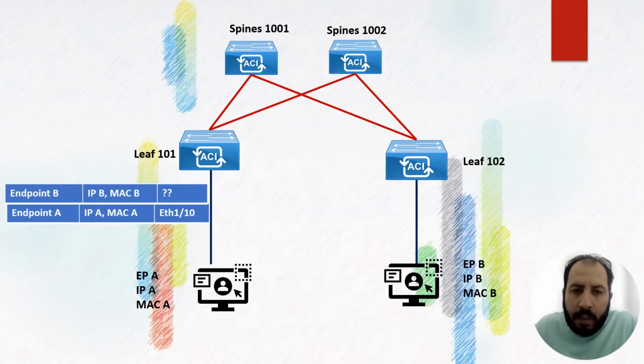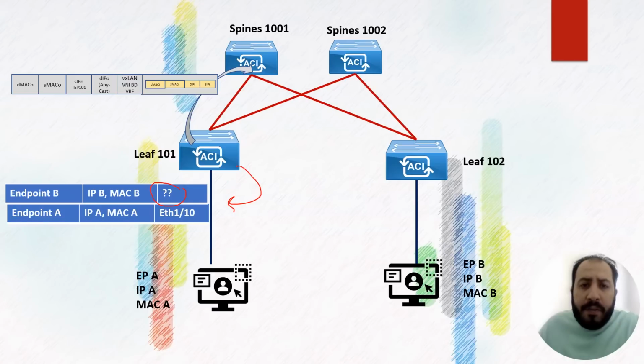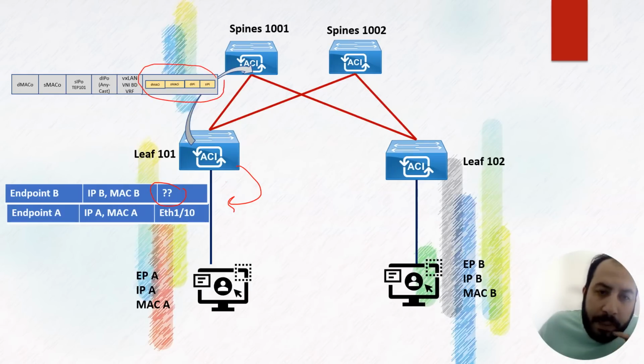The leaf itself will look up the local station table, and it will find that there is missing information for the destination.